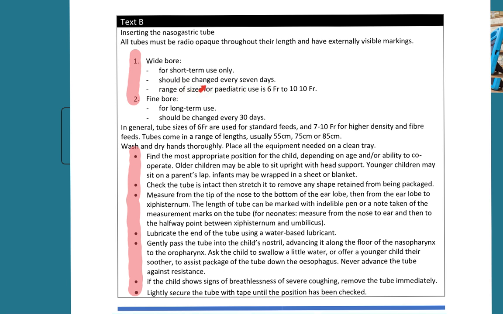So change, replacing every 7 days is a regular time. Every 7 days is a routine, regular time. Then we have fine bore for long-term use. Should be changed, that is replacing, changed every 30 days. So every 30 days is a regular time. Therefore, the information is in text B.